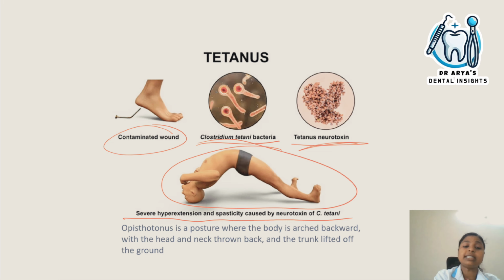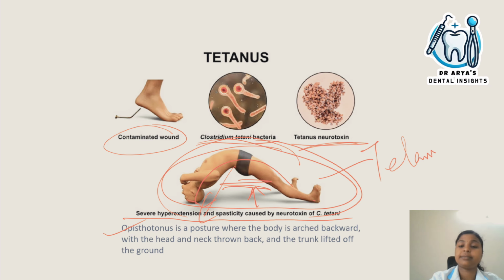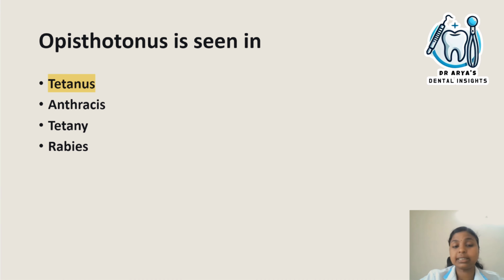Opisthotonus is a posture where the body is arched backward with the head and neck thrown back and the trunk lifted off from the ground. This position is known as opisthotonus, and this is seen in tetanus.